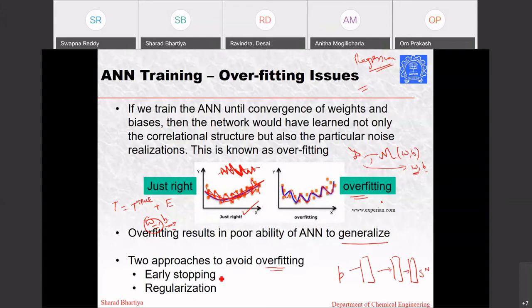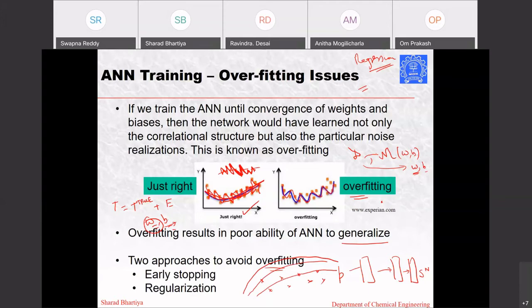So let's say this is my noisy data. My first neural network, which is untrained, might give me an output like this. As I get better and better, it might do like this, and then like this. As you keep on training, presenting the training data to the neural network is called an epoch.